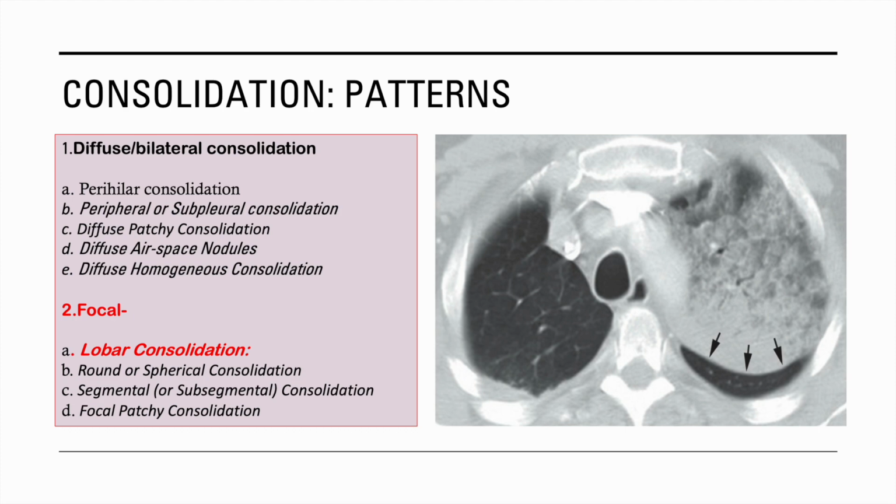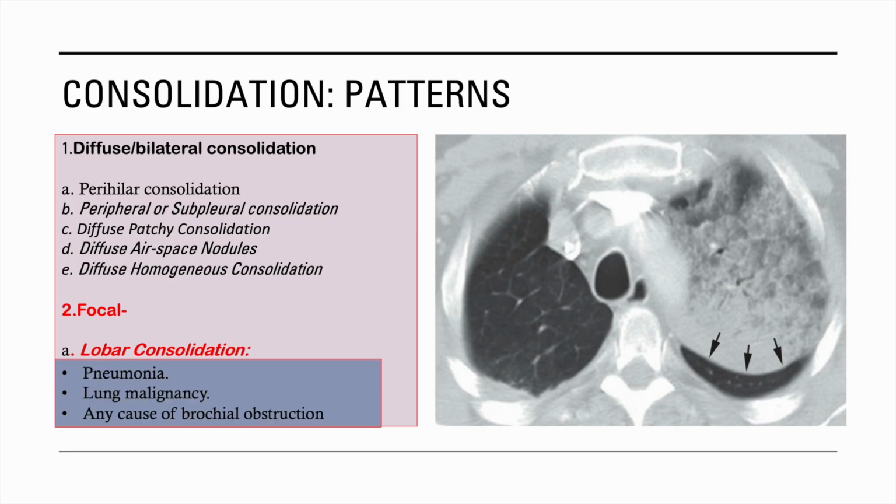In this CT, you can see involvement of the left upper lobe with posterior bulging of the major fissure. Bronchial obstruction due to tumor, lymph node, stricture, or foreign body can also lead to post-obstructive pneumonia or atelectasis, presenting as consolidation.